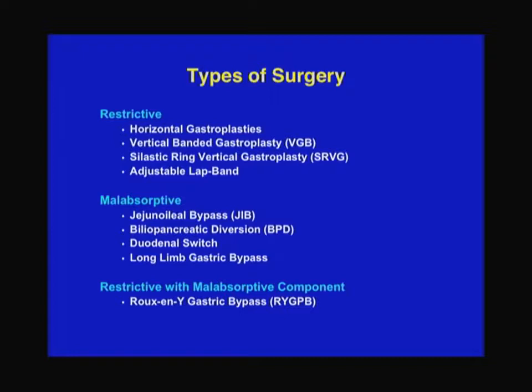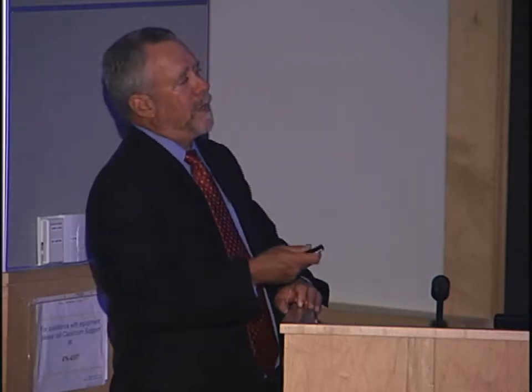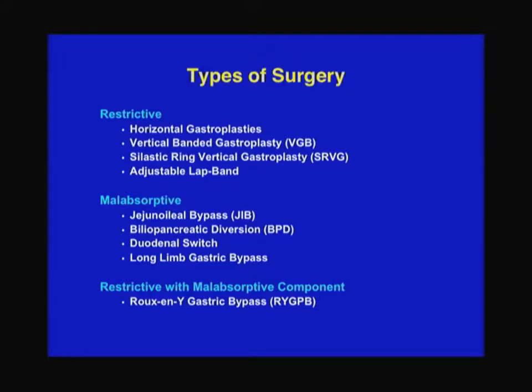Secondly, you can change the anatomy of the GI tract so that people malabsorb their foods. Then they will get what we call malabsorption syndrome, which may include nutrients in the stools, fatty diarrhea, things like that. And so we don't tend to like these operations because it changes the physiology more dramatically.